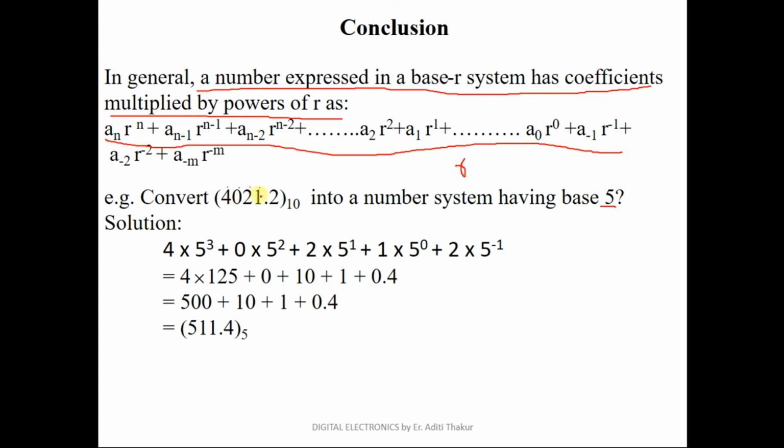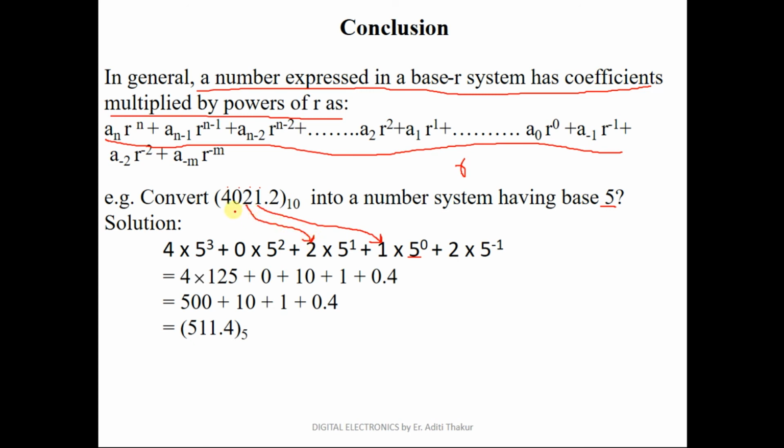What we will do is multiply each digit by the weightage of its position. This is your 0th digit, and it is multiplied by 5 raised to the power 0. Why 5? Because the number system we have to convert to has base 5.